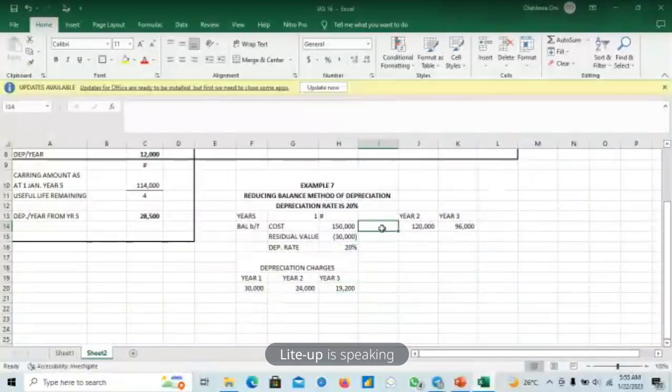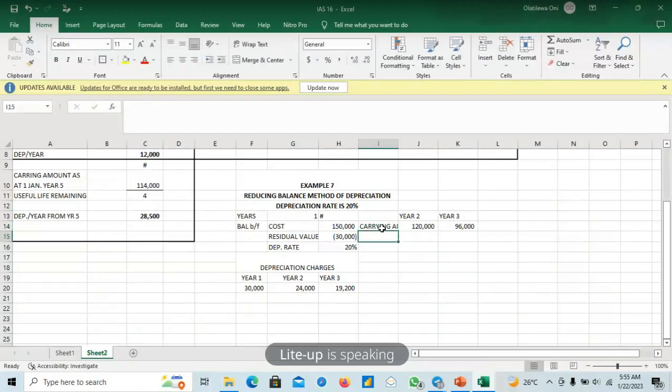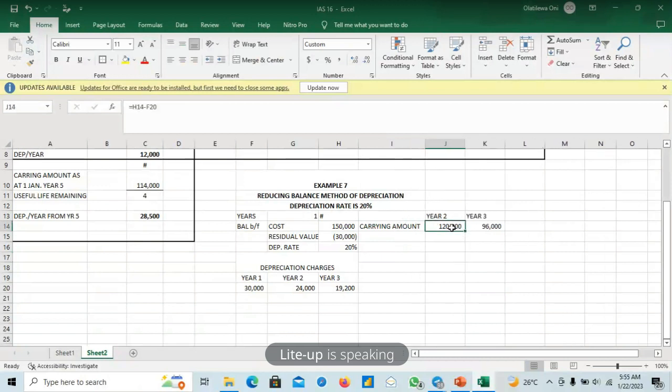From year two, we are going to have it as the carrying amount. The depreciation charges will now be based on that carrying amount. So carrying amount for year two, carrying amount for year three, and so on until we reach the end of its useful life.